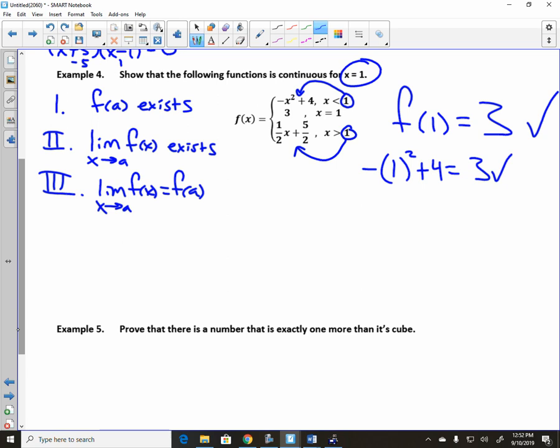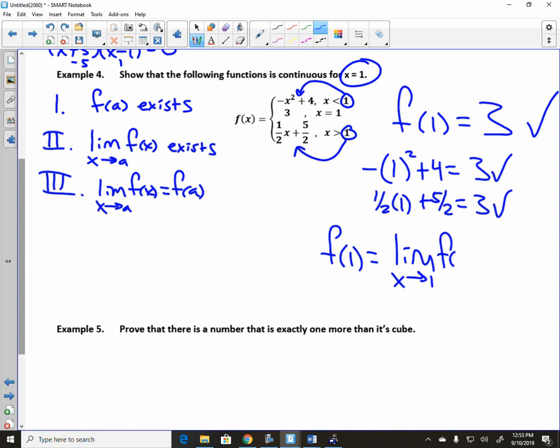And then if I plug in 1 here, I get 1/2 times 1 plus 5/2, which is also 3. So does the limit exist? The limit is 3. Are those two the same? Yes, exactly. So f of 1 is the same as the limit as x approaches 1 of the function. And they both equal 3, so we are good to go.